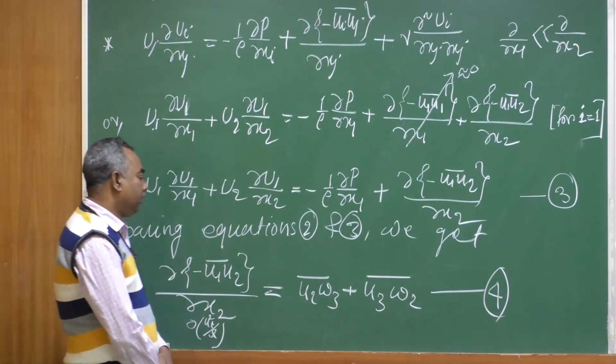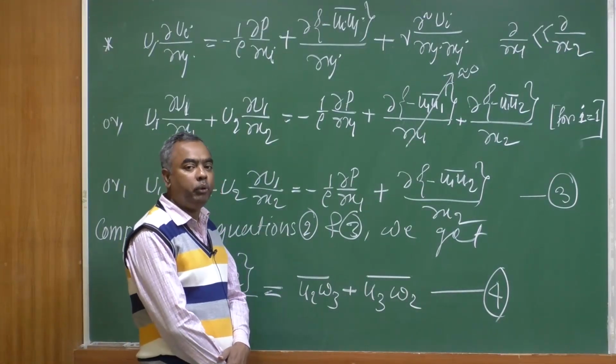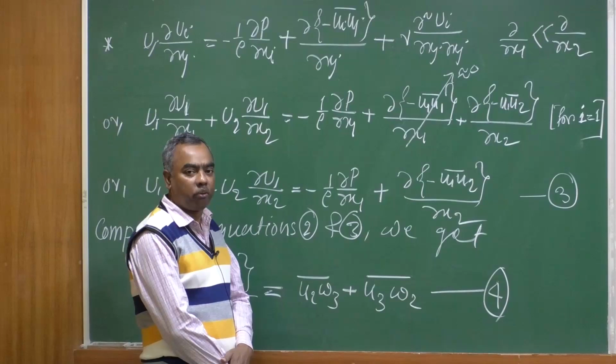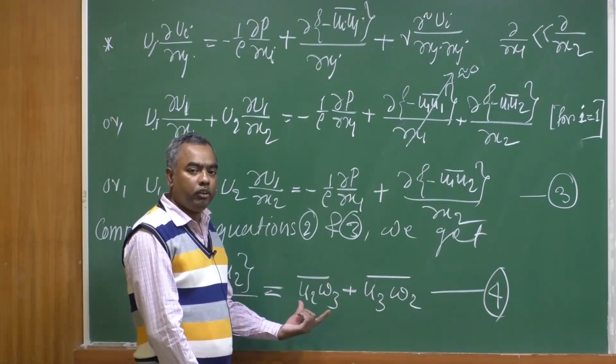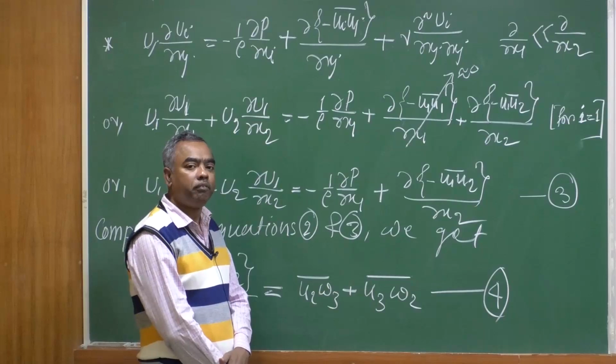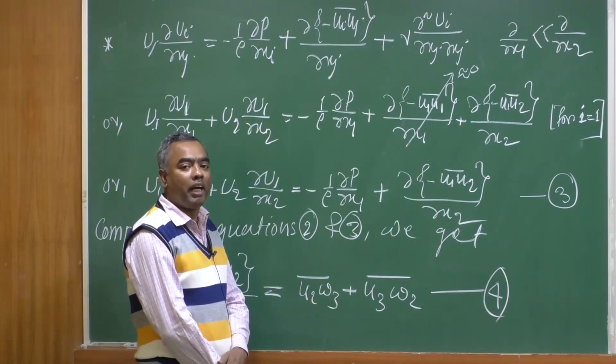But we will see in later considerations that omega3 is actually u_t by lambda, where lambda is the Taylor microscale. So, their value is going to be u_t square by lambda.